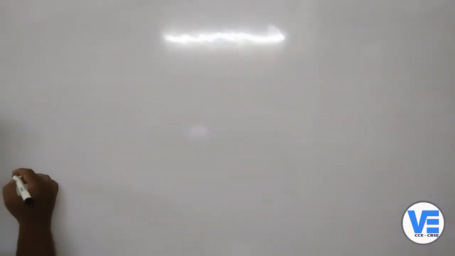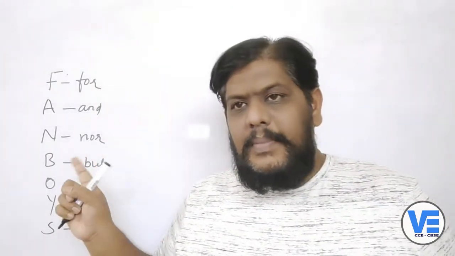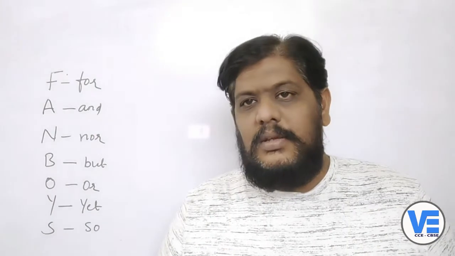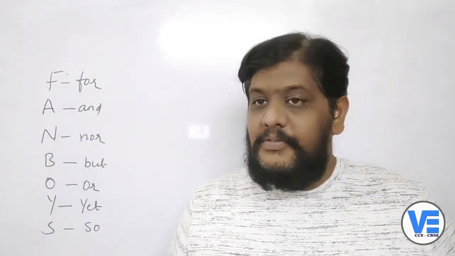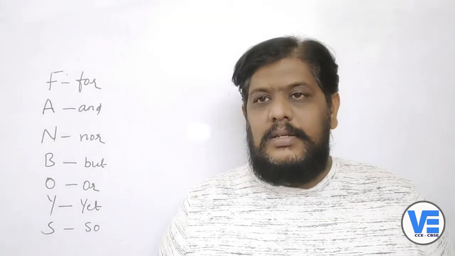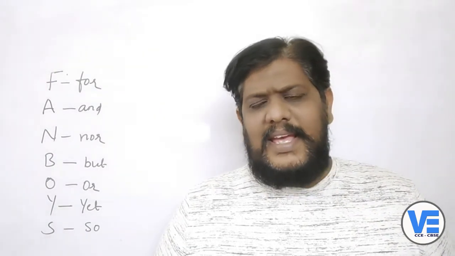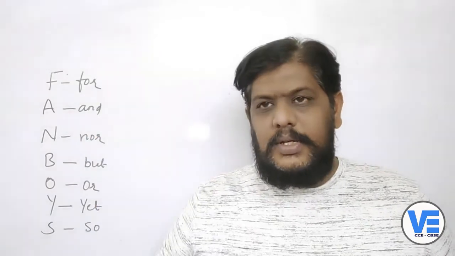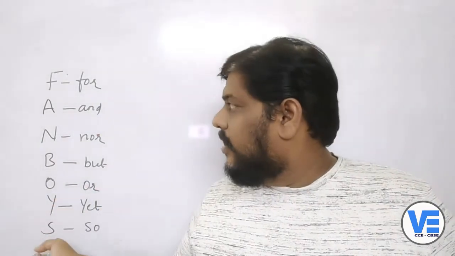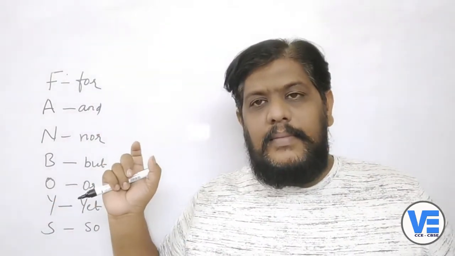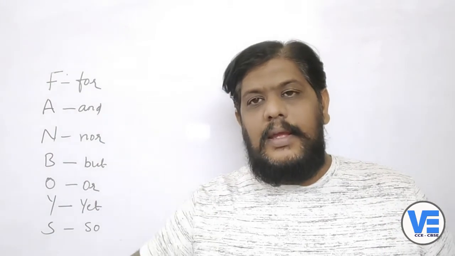The best way to remember these coordinating conjunctions is to remember FANBOYS. Let me write this for you. F for, A and, N nor, B but, O or, Y yet, S so. All these words are coordinating conjunctions.